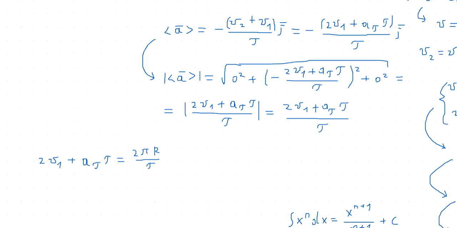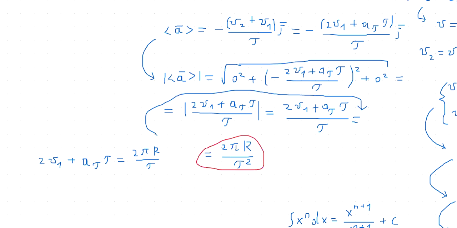So we can substitute this here, and we will obtain 2 pi R divided by tau to the power of 2. Okay, this is the answer for the last part of this exercise.